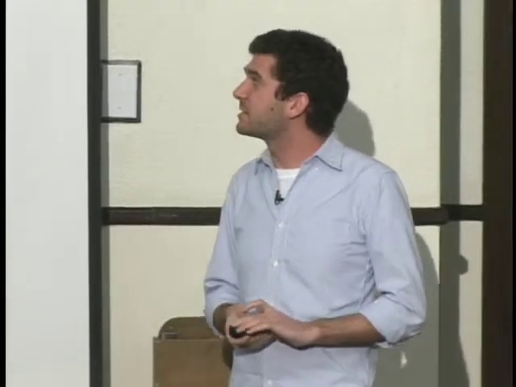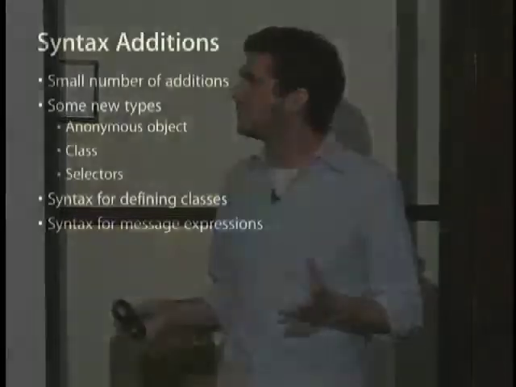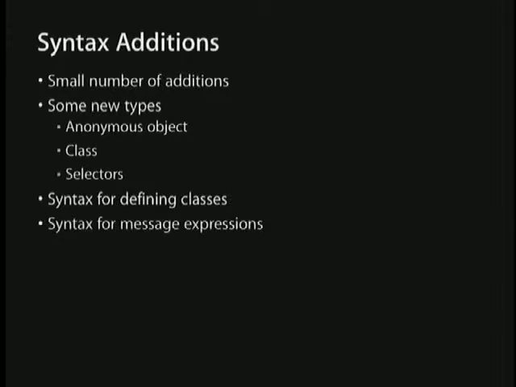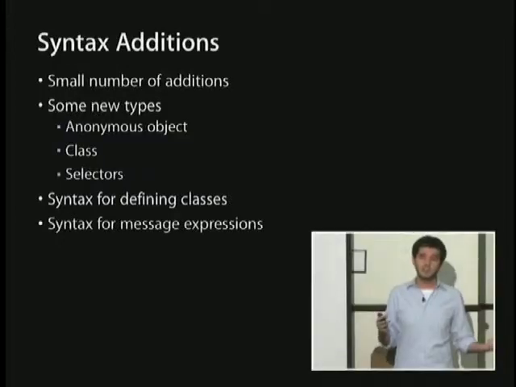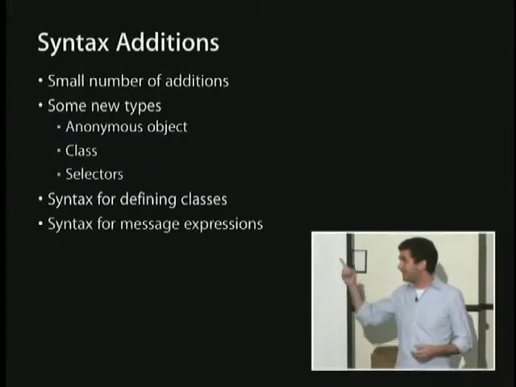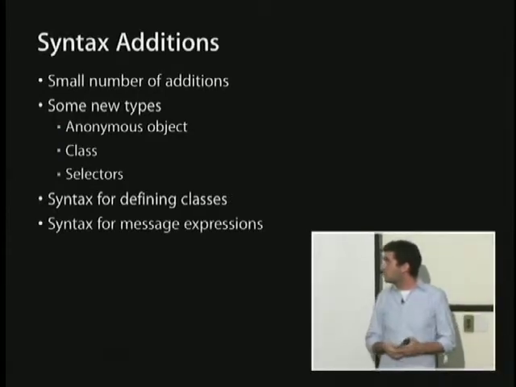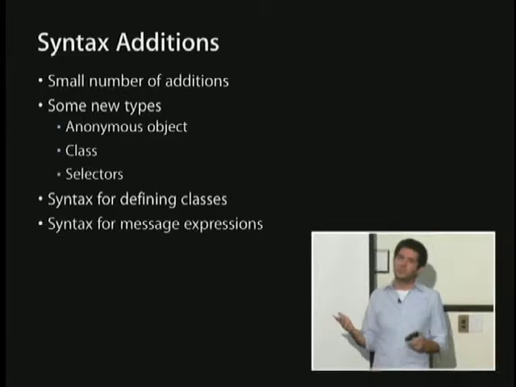So a few of the syntax additions that we have, there's just a few of them. There's the anonymous object, which I just mentioned. That's the ID. It's the object that can be anything. There's a new type called class. We'll get into this a little more in just a minute, but basically classes themselves are also objects, and the type that represents that is class. And then there's also a new type that defines selectors, which we'll talk about a little more later.